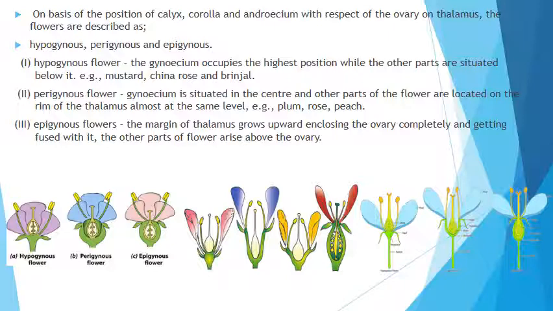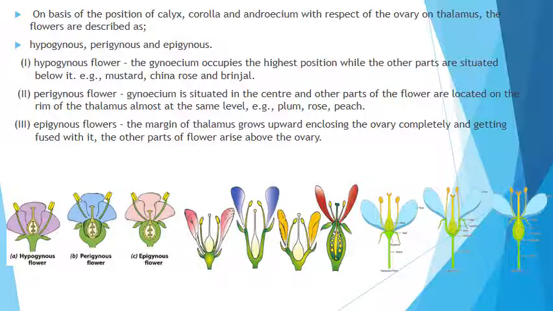Examples are mustard, China rose and brinjal. Second one is perigynous. Perigynous flowers are those in which the gynoecium is situated in the center and the other parts of the flower are located on the rim of the thalamus, almost at the same level. Examples are plum, rose and peach.